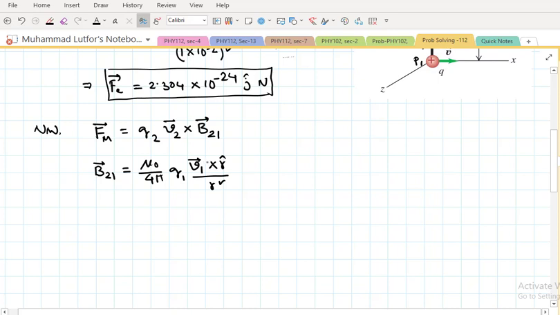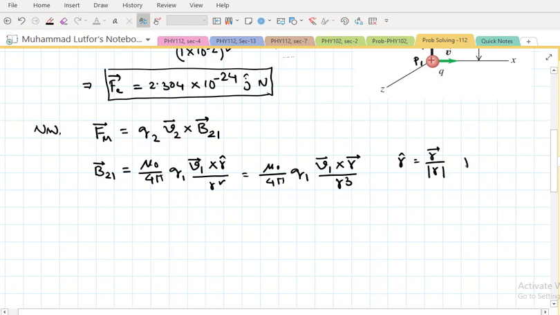We can also write this in one more form: mu naught divided by 4 pi times q1 times v1 cross r, divided by r cube, because we defined r hat as the vector r divided by the magnitude of r.